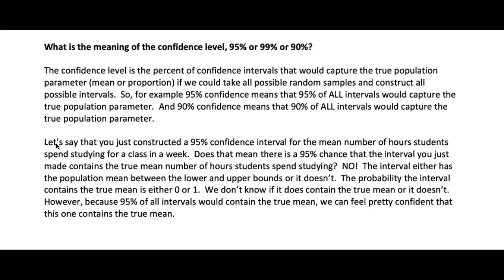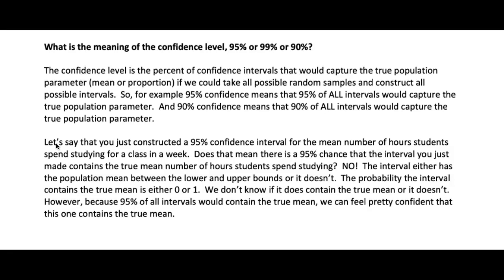So if our population is really large, let's say 2,000 students, and we selected 50 students, imagine randomly selecting 50 students and creating a confidence interval, and then doing a separate random sample of 50 students and creating a confidence interval, and doing that again and again until all possible samples of size 50 were constructed. 95% of those intervals would capture the true population parameter.